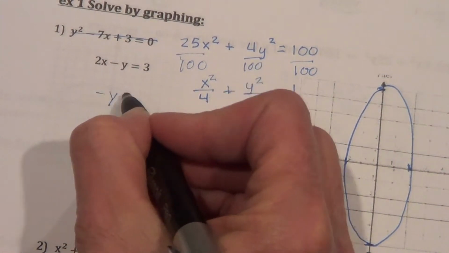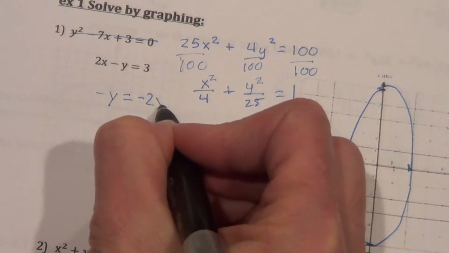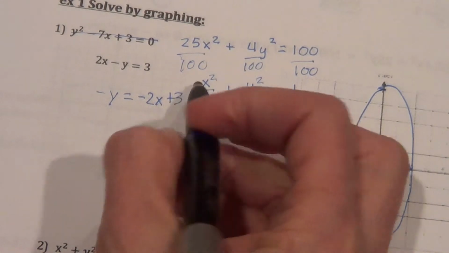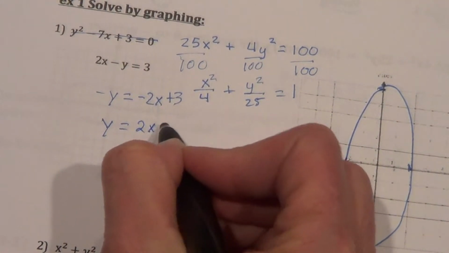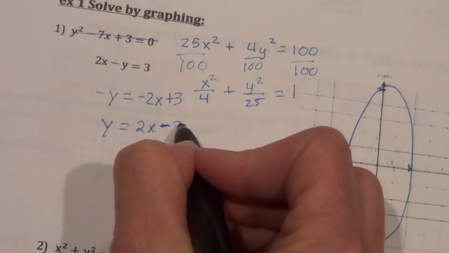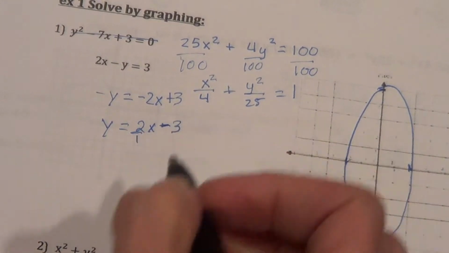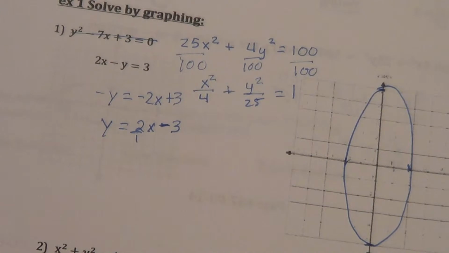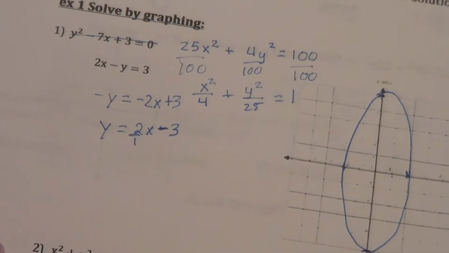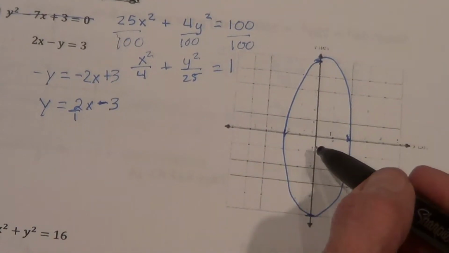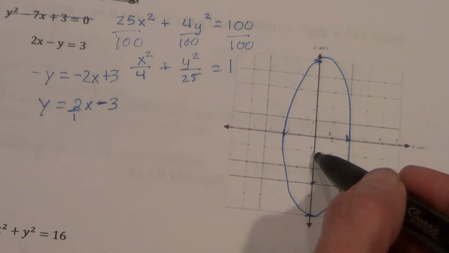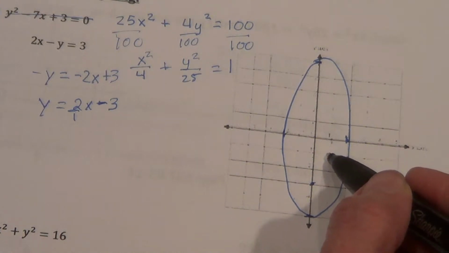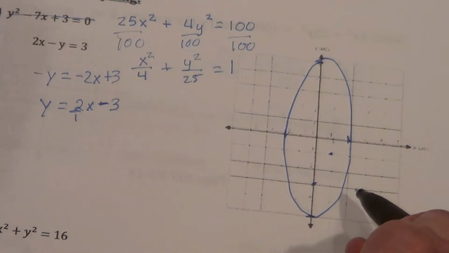We get the y by itself, divide by a negative, so we get 2 over 1 as our slope and negative 3 as our y-intercept, so we come down to negative 3. We rise 2 and we run 1 to the right because it's positive slope.